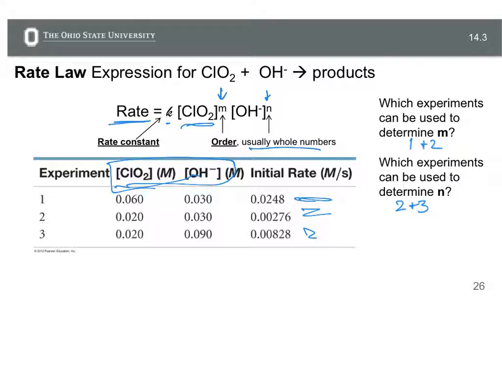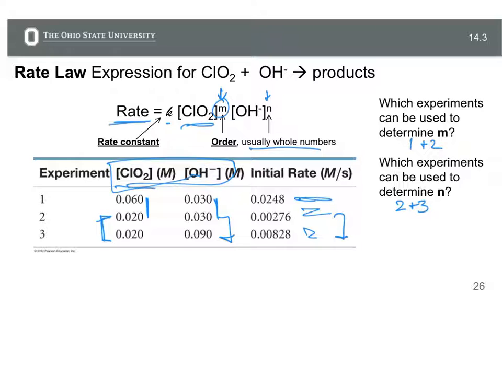And we said that if we hold the concentration of one of the reactants constant and we vary the other, we can see how the rate changes, and that'll help us to figure out the order for the reaction. So for determining M, which is the order with respect to ClO2, we can change the ClO2 concentration, like in experiments 1 and 2, and hold the hydroxide concentration constant and observe the initial rates.